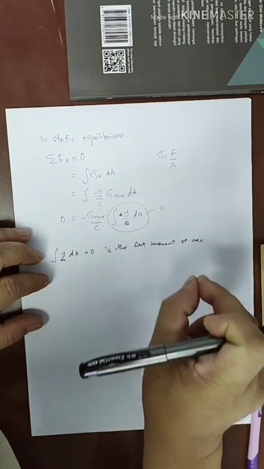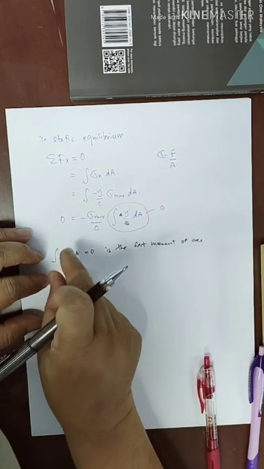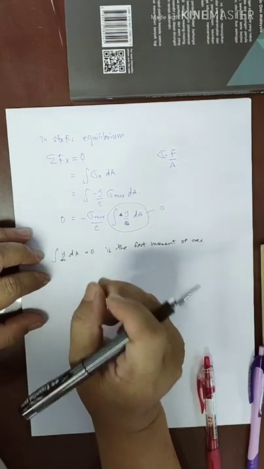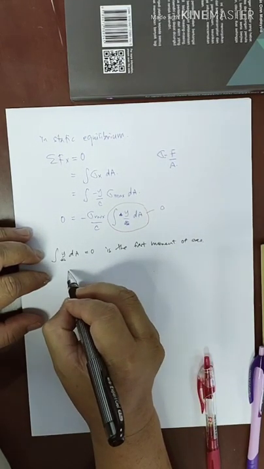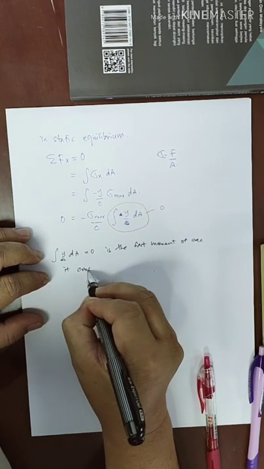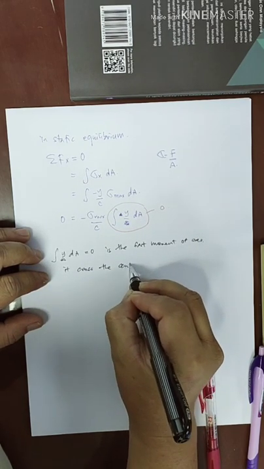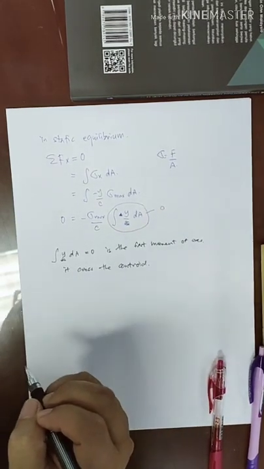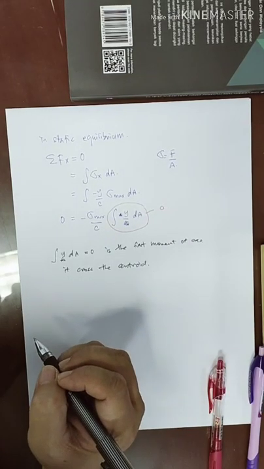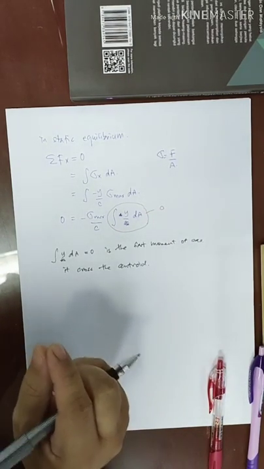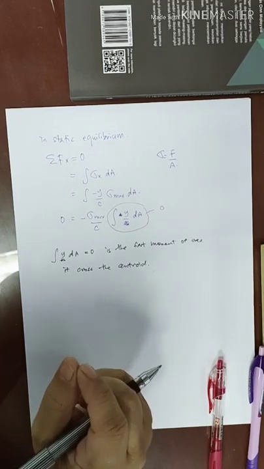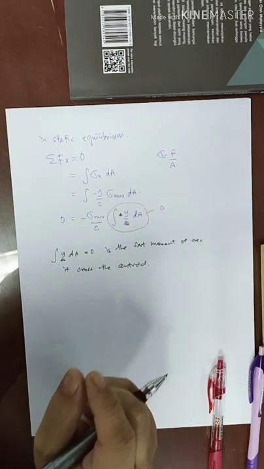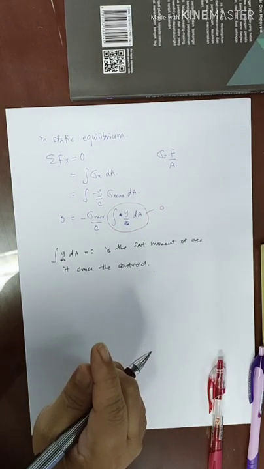In order to make the integration of y dA equal to 0, we have to ensure that the neutral axis crosses the centroid. So the neutral surface must pass through the section centroid in order to have static equilibrium.